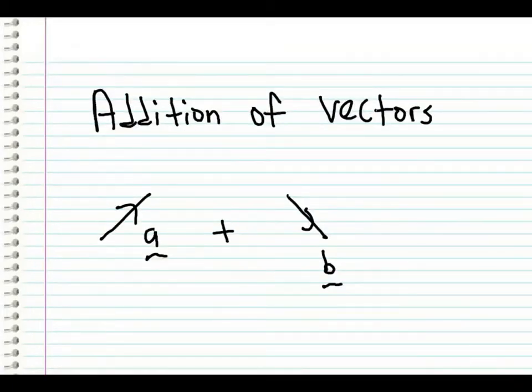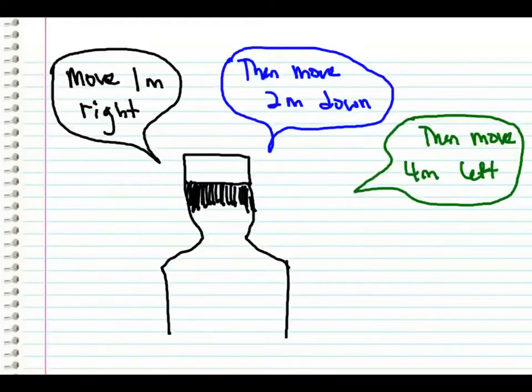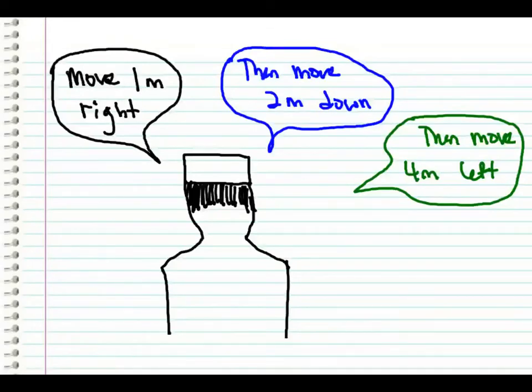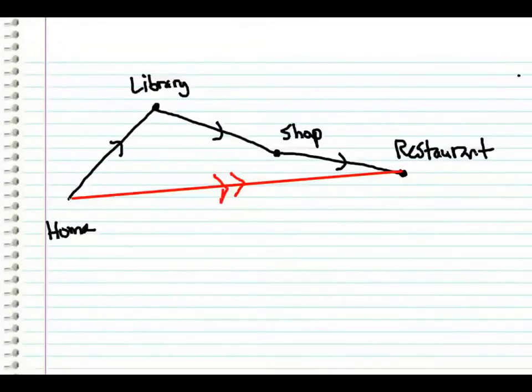Now, let us go into addition of vectors. You can imagine the addition of vectors as somebody giving many directions. Let us study this more deeply. Imagine you have the following vectors: from home to library, from library to shop, and from shop to restaurant.